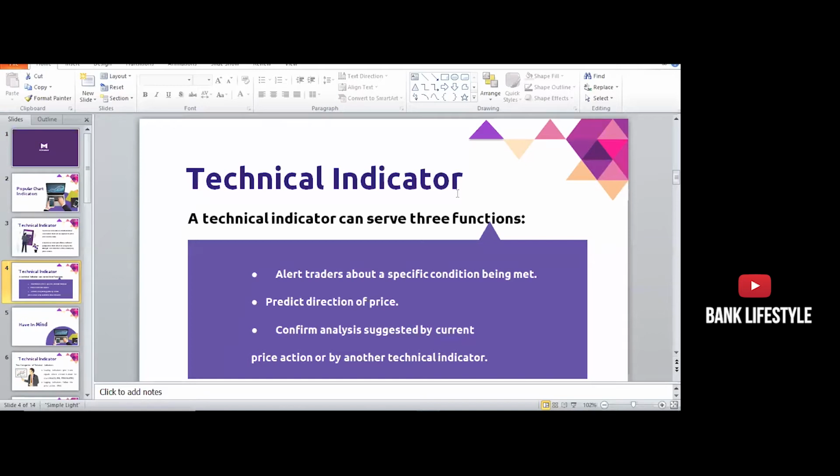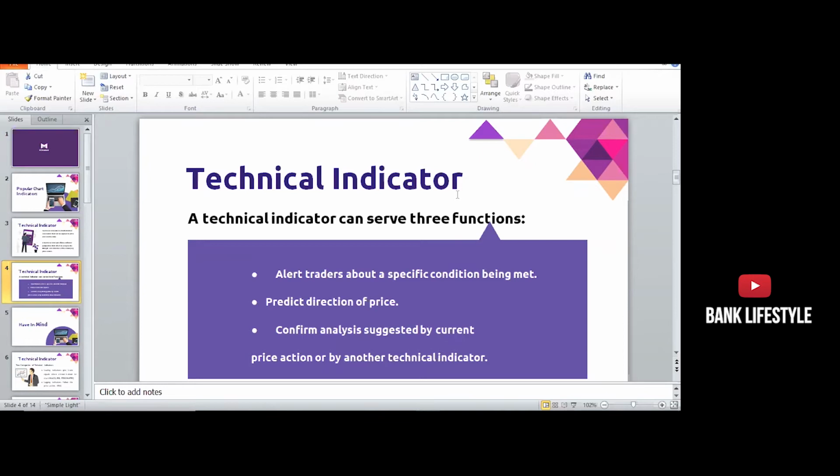So let's say you are looking for a reversal. Let's say it's an uptrend and you're looking for the market to reverse towards the downward side. Now, a trading indicator can tell you that the price is overbought. Overbought means that a lot of people have bought the currency pair or the asset. So the price could reverse towards the downward side.